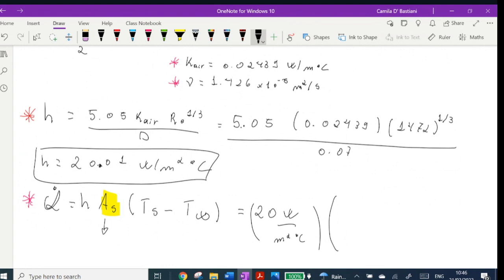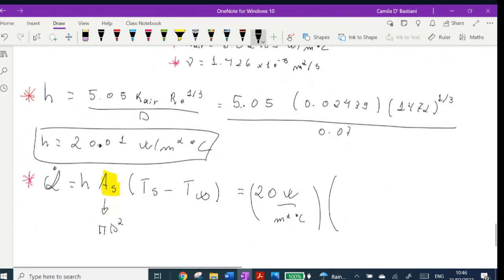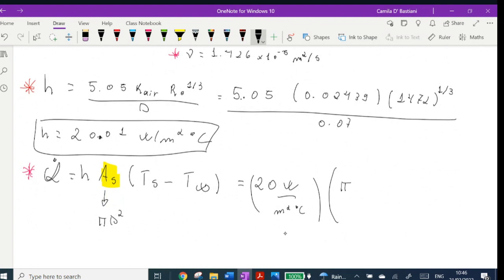So my surface area is pi d square, we are considering here the diameter of the surface. So pi d square, 0.07 squared.